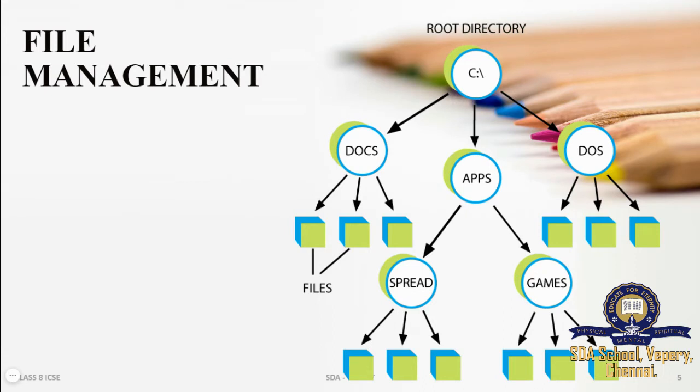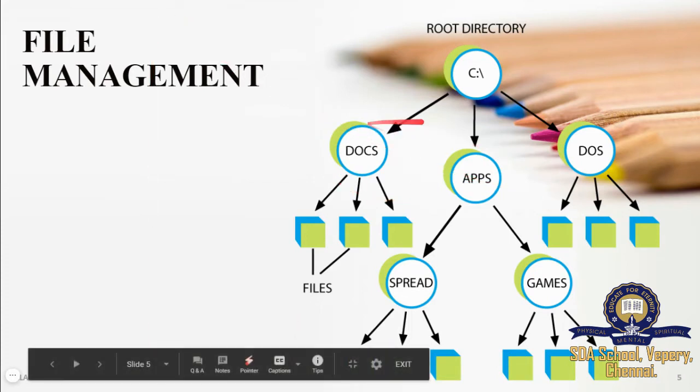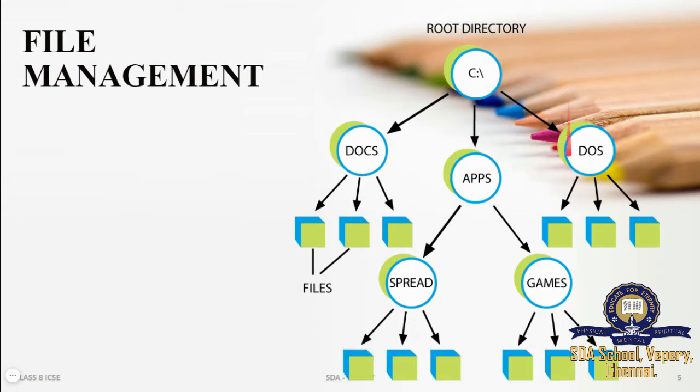If you need to store it in some other drive, you can manually browse to the particular directory and save the file. Okay, now the desktop will come under the C drive: documents, downloads, any applications you download, and any operating system you download, everything will come under the category of the C drive, documents, applications and DOS.